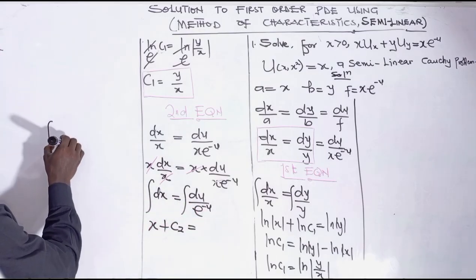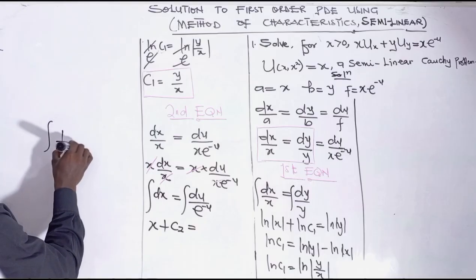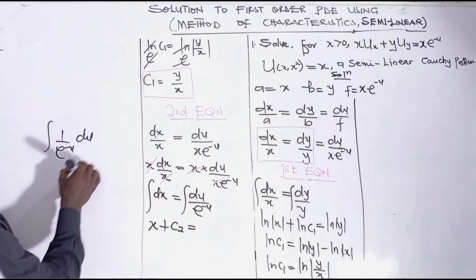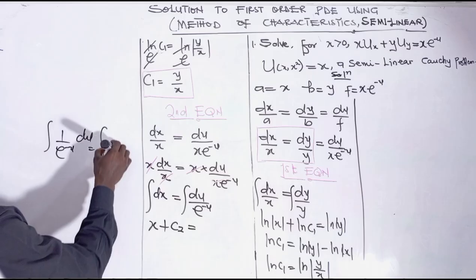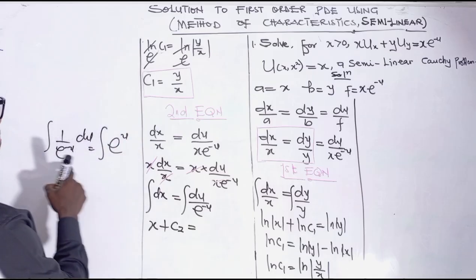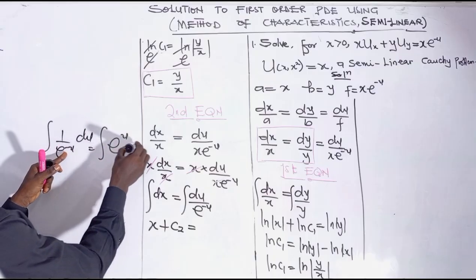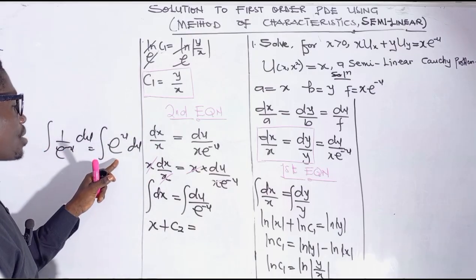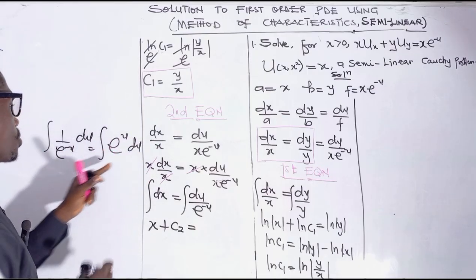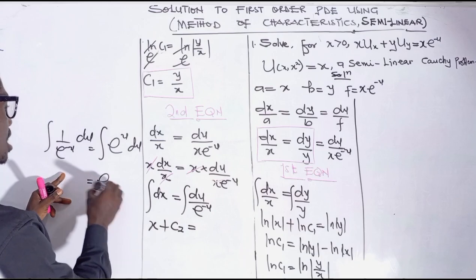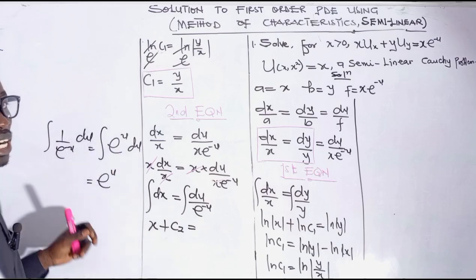We can write it as 1 over e exponent negative u du, and we can further write it as e exponent u du, by the negative reciprocal in indices. Now when we integrate e exponent u with respect to u, we still get e exponent u. That is the exponential.